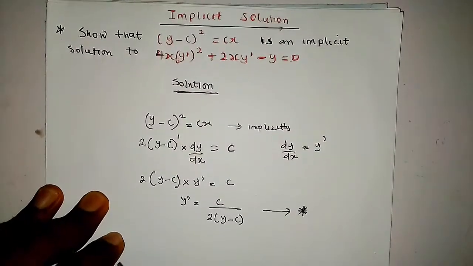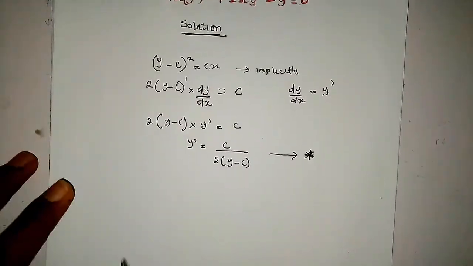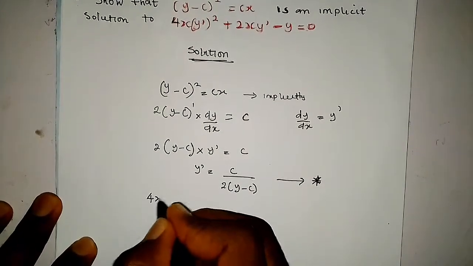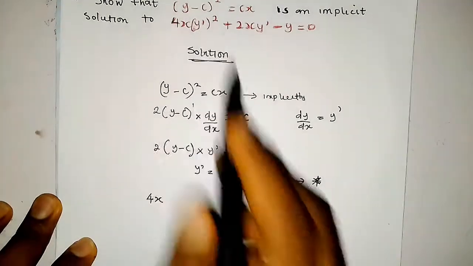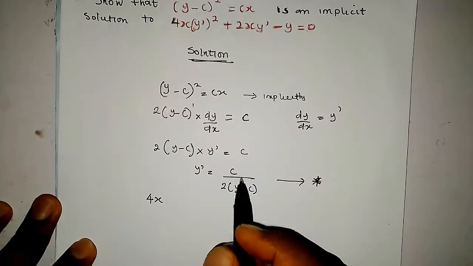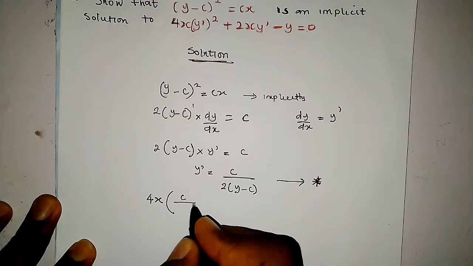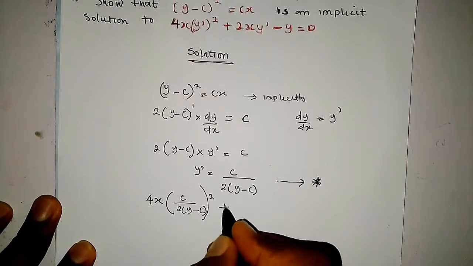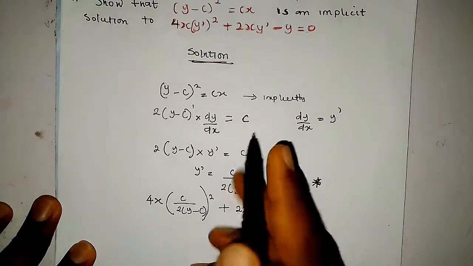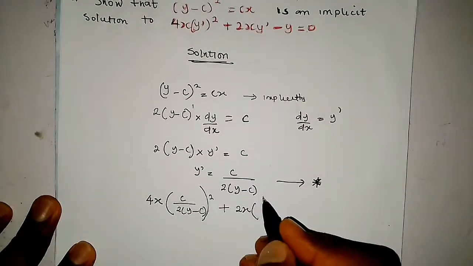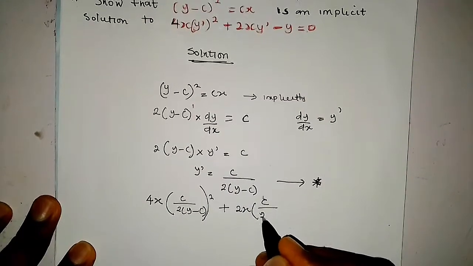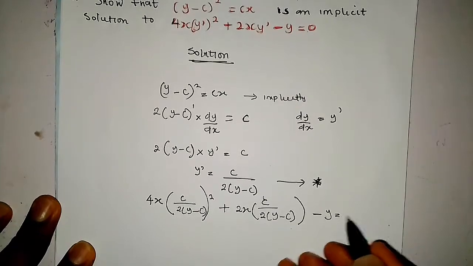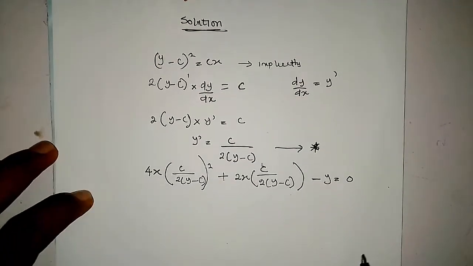So substituting, the equation gives us 4x times y′ squared, which is replaced with c²/(4(y − c)²), plus 2x times y′, which is c/(2(y − c)), minus y equals 0.